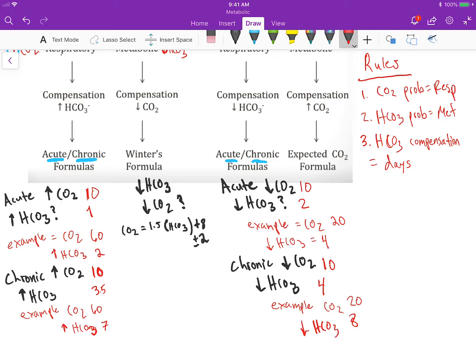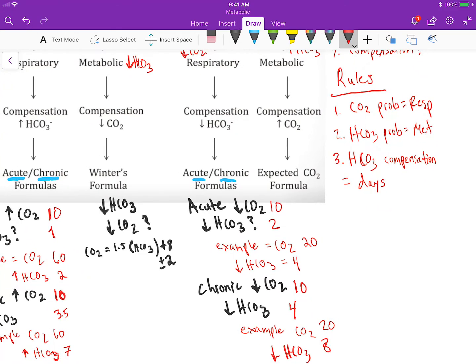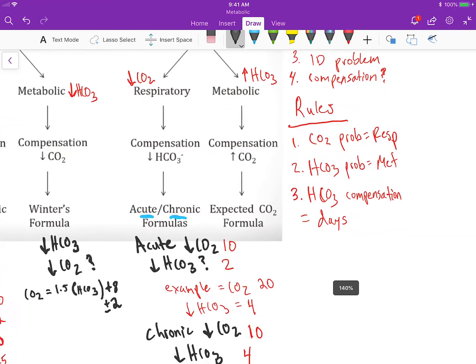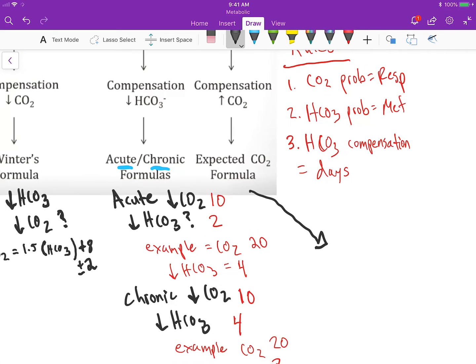Okay, and last but not least, we've identified a metabolic alkalosis. What's a metabolic alkalosis? By definition, metabolic alkalosis is going to be an increase in bicarb. How do we compensate for that? Same direction.